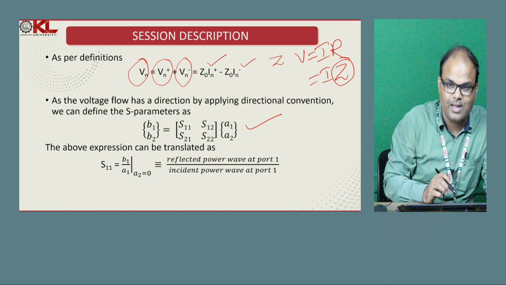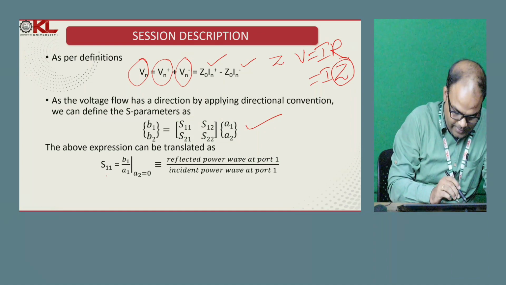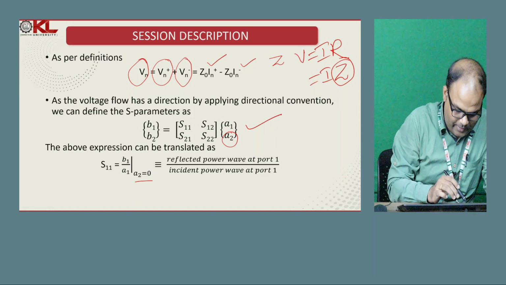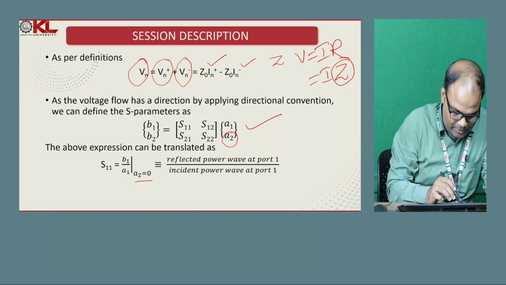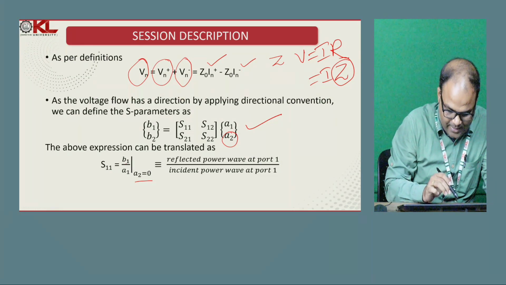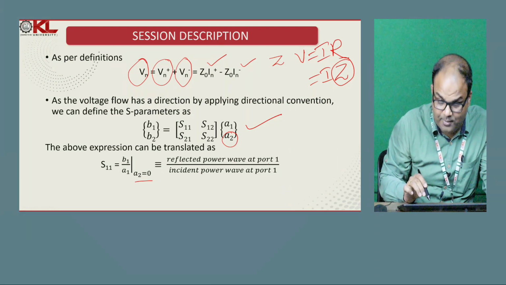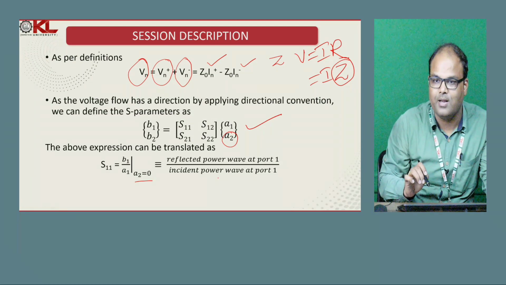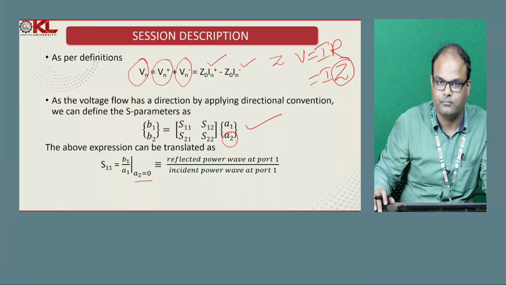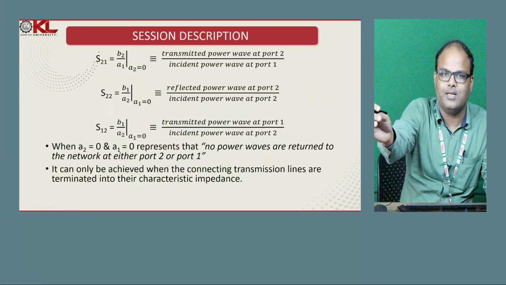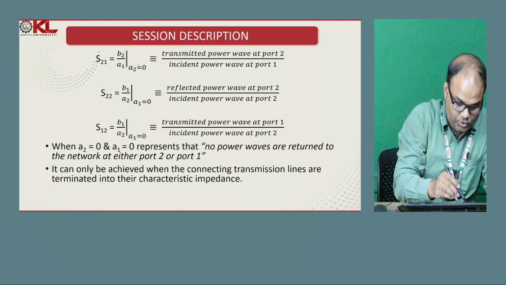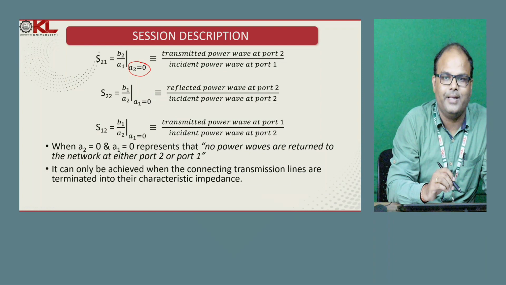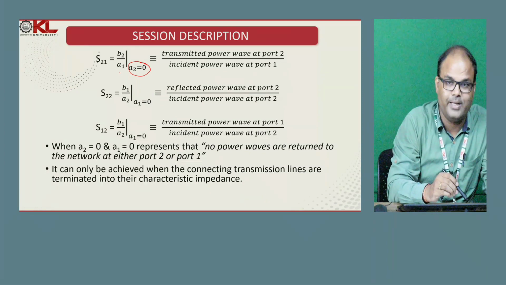So how will we find S11? When we take A2 equal to 0, we get S11, and its value is B1 by A1. B1 is the reflected power wave at port 1, and A1 is the incident power wave at port 1. Then for S21, make A2 equal to 0, and it is B2 by A1.